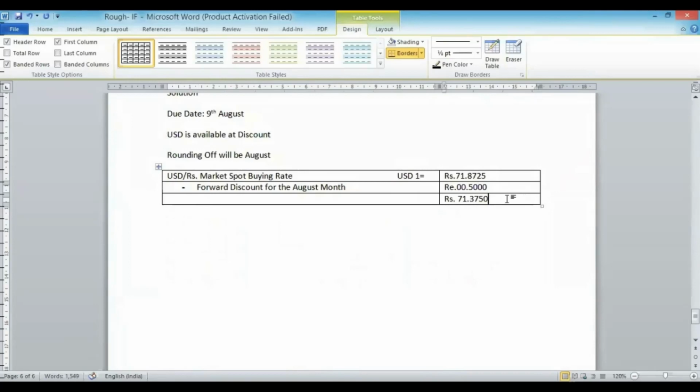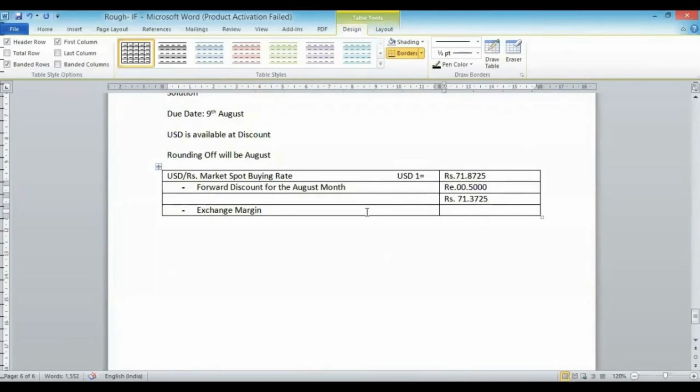Then we have to minus exchange margin. So the difference amount will be 71.3725.